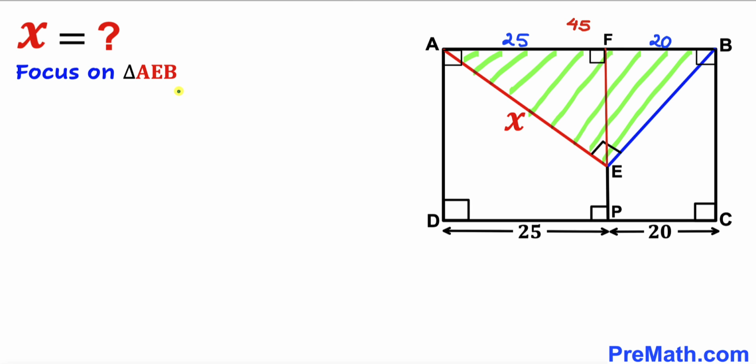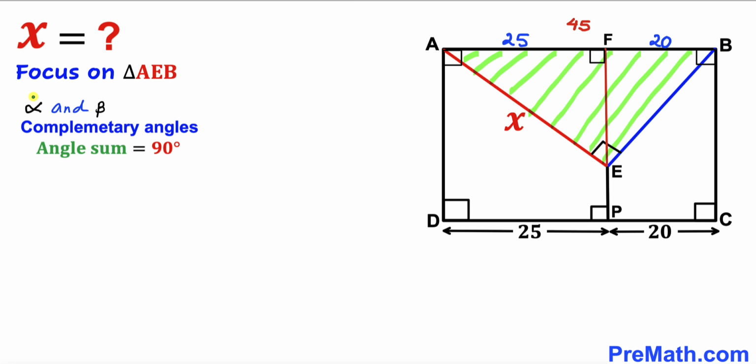Here's our next step. Let's focus on this right triangle AEB. Within this right triangle, we have another right triangle, and another right triangle as well. Now let's assume that alpha and beta are our two complementary angles. In other words, alpha plus beta must equal 90 degrees. Let's assume this angle is our angle alpha.